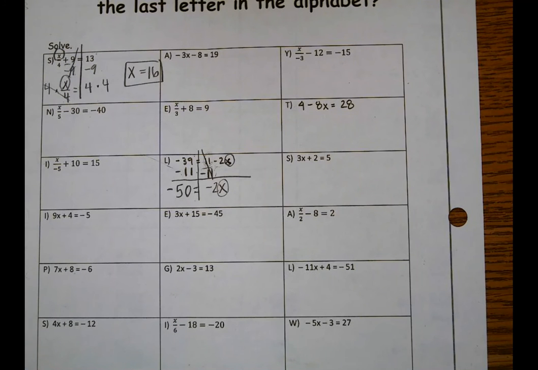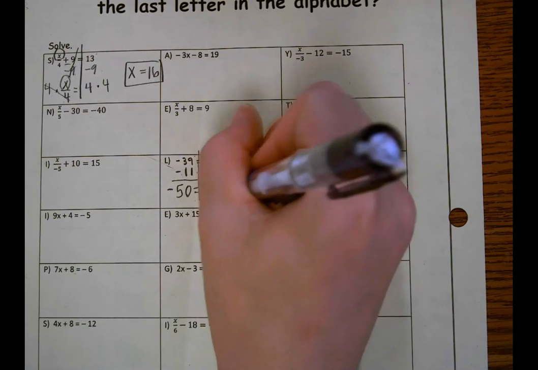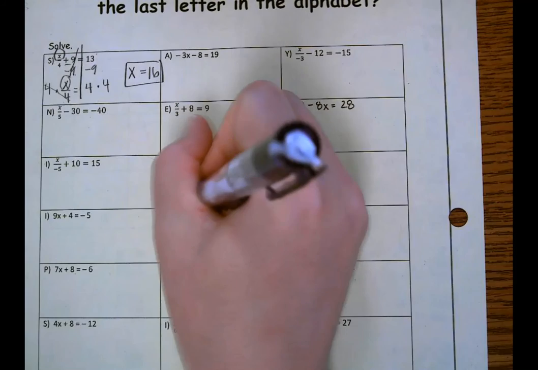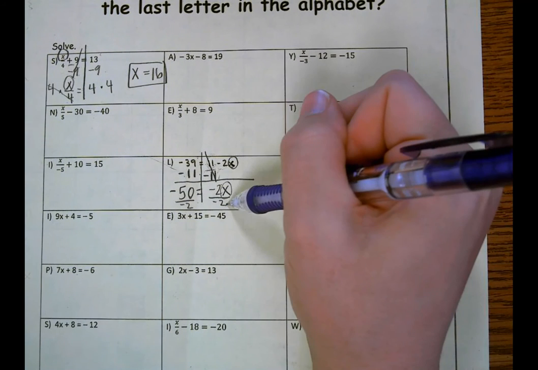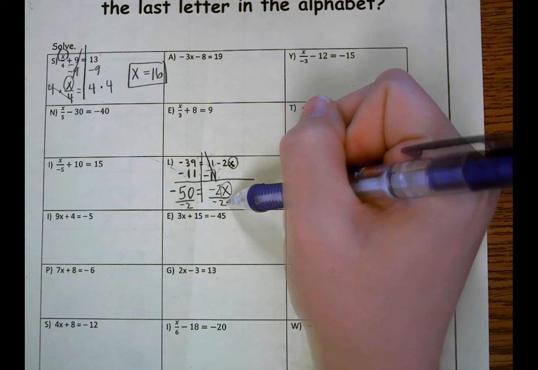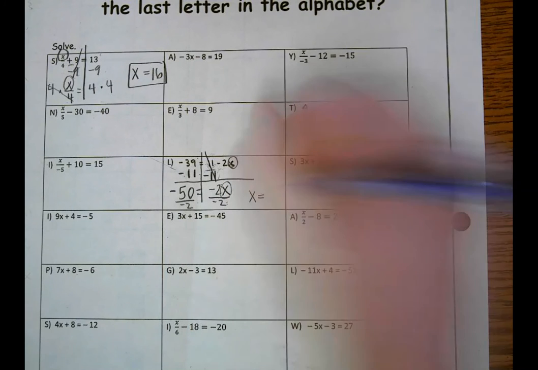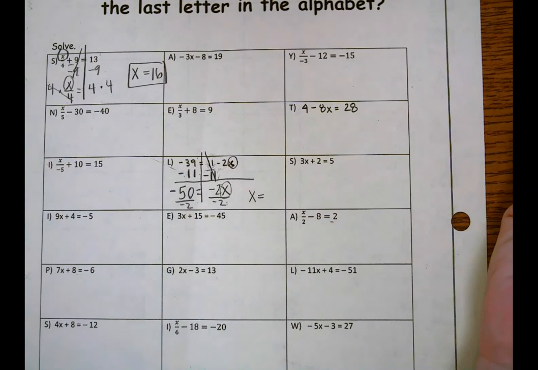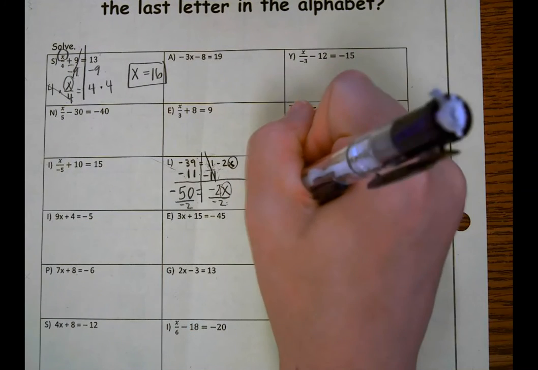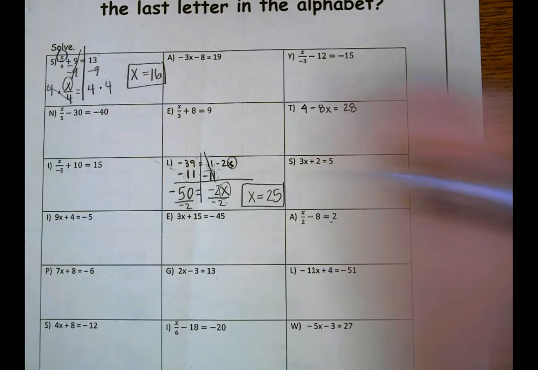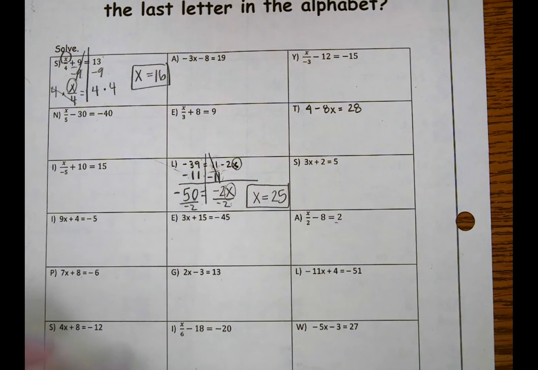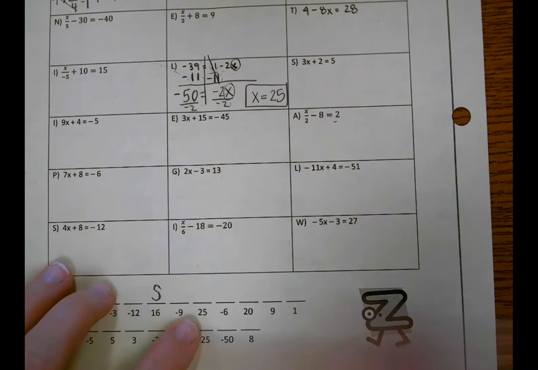So to get rid of multiplication, I'm going to divide both sides by negative 2. Negative 2 divided by negative 2 would give me positive 1x. And then negative 50 divided by negative 2 is 25. So I get x is 25. So anywhere I see a 25 down here, I'm going to write the letter L.